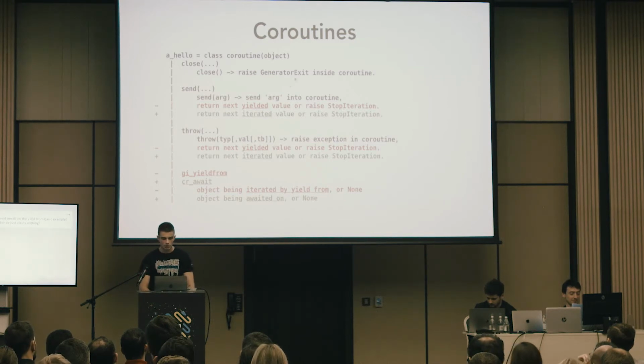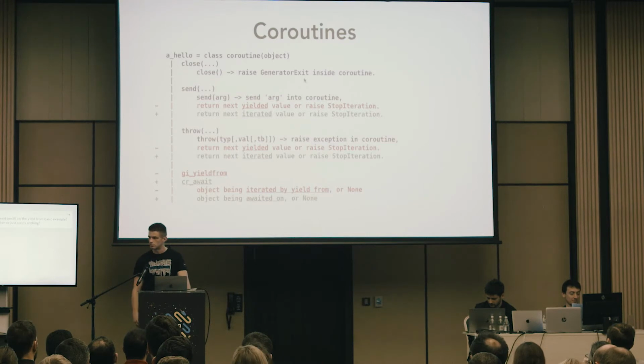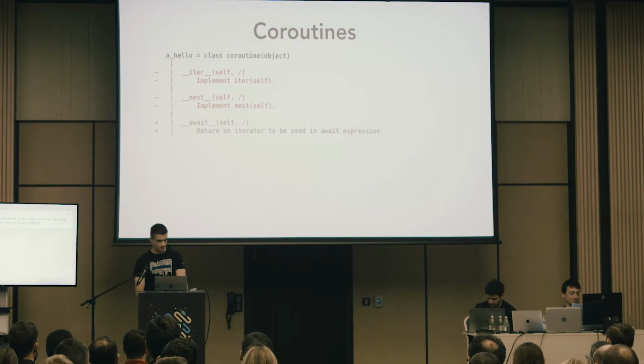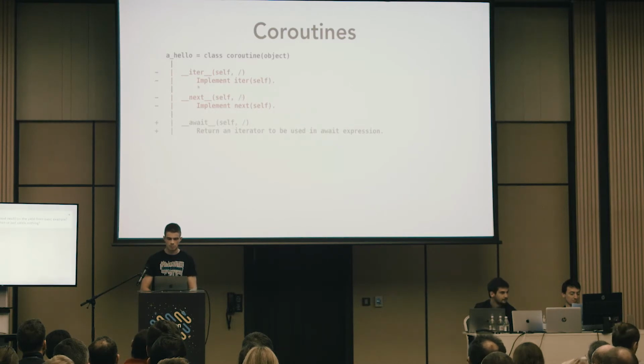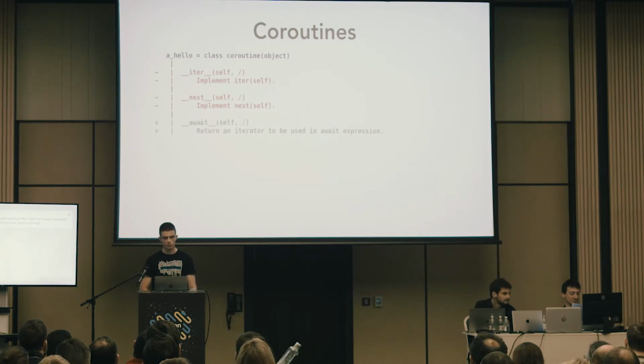You find out that coroutines raise GeneratorExit to stop them, so this is a natural progression towards using coroutines. But what is actually different is that they are not iterable. That's why I was using this send method to move the execution before, because you cannot call next, you cannot implicitly convert them to iterators. All you need to do is return an iterator from the await method. And that's how it works internally.